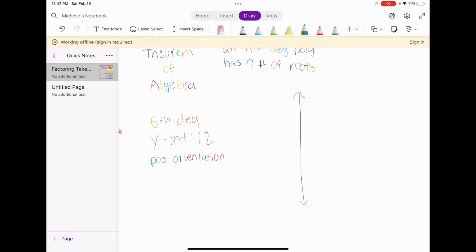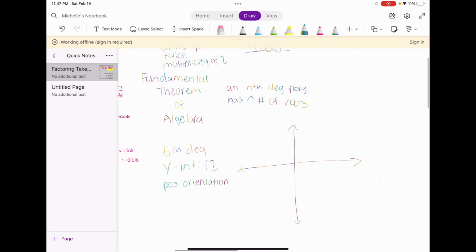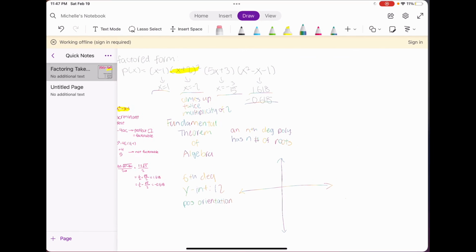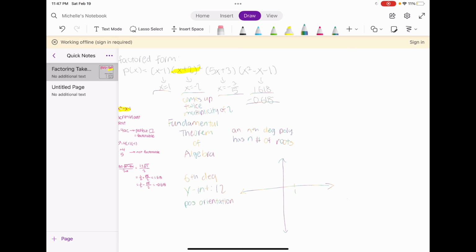Okay, so we graph this. We know that our roots or our x-intercepts are at x is equal to 1, -2, -0.6, and -0.618 are literally right next to each other. I don't know who came up with this problem. Cough, cough, cough. But that's literally screwed up. 0.618.